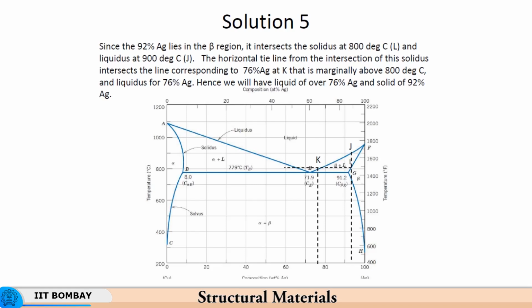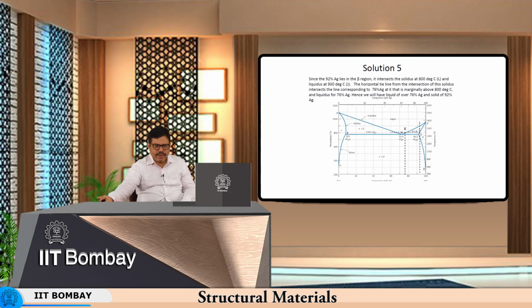So, at 800 degrees centigrade or slightly above that, we will be getting a liquid with this chemical composition and solid of that 92% silver. So, that is what is possible here, and the temperature is slightly above 800 degrees centigrade.